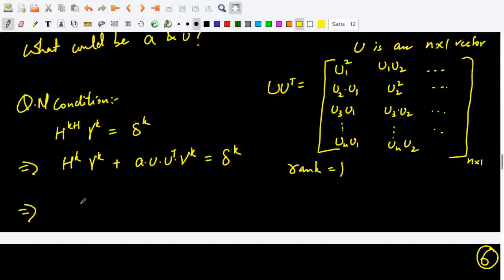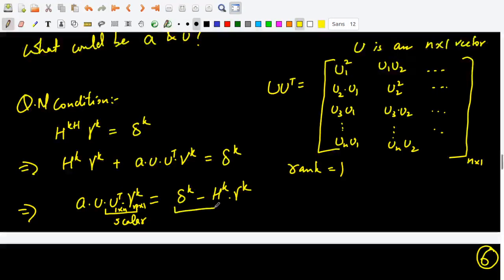So this implies that A U transpose gamma k should be equal to delta k minus hk into gamma k, and if we notice that this term is actually a scalar because this is 1 cross n and this is n cross 1, so this is a scalar, but this side is a vector.